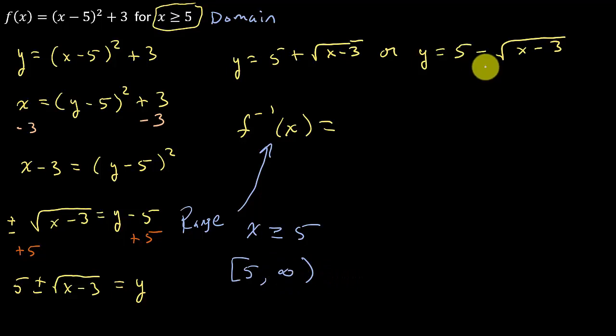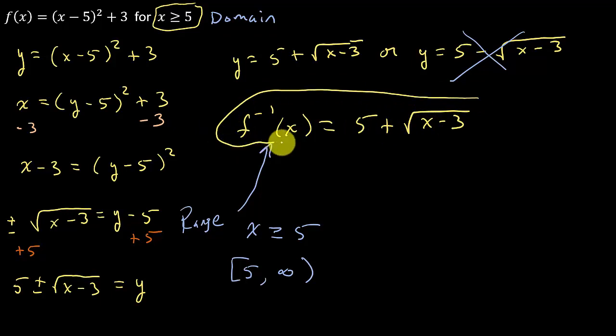But if I take 5 minus a number, that's going to give me answers to the left of 5, like 4, 3, 2. That doesn't fall into this range, so we know this one's not a solution. Our only solution is 5 plus the square root of x minus 3, and this is your inverse.